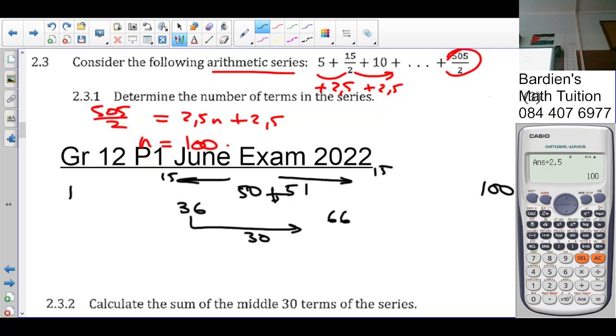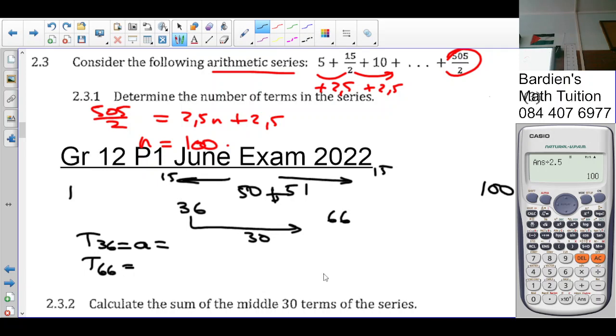So in other words, I need to know what term 36 is from this sequence, which is my A value in this case. And then I need to know what T66 is. Why 66? Because that is also your last term of the series.